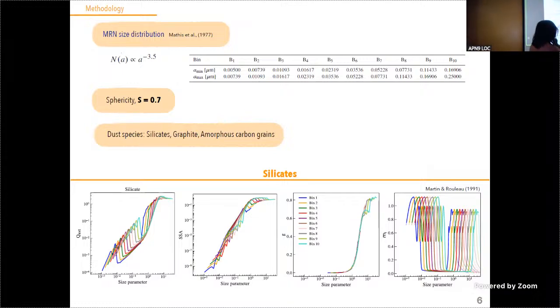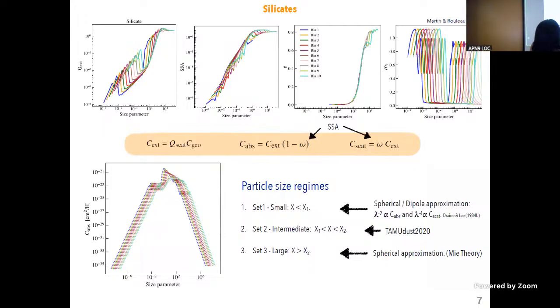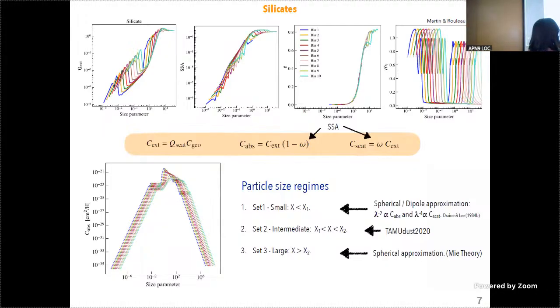Okay, so from this same data, we use these equations in order to obtain the cross section. That is the cross section that we need to run models in Cloudy. However, we have a problem here because, as you can see, the laboratory data cover a short range of wavelength.